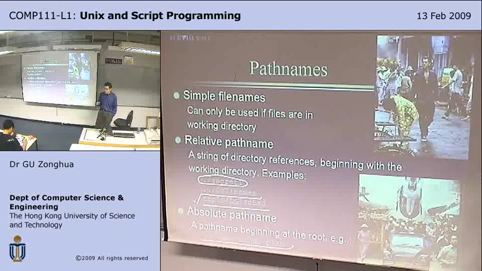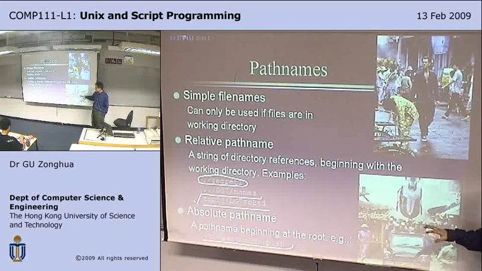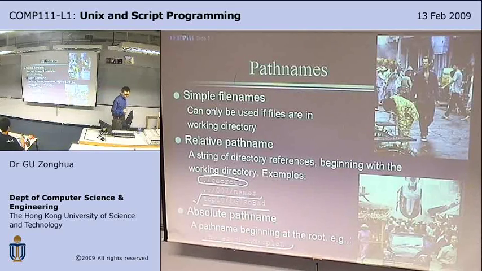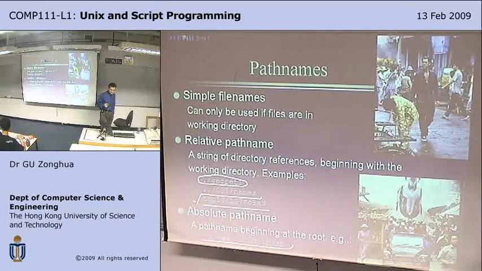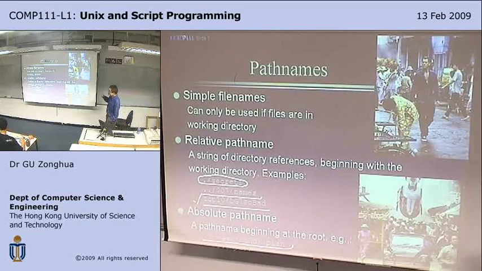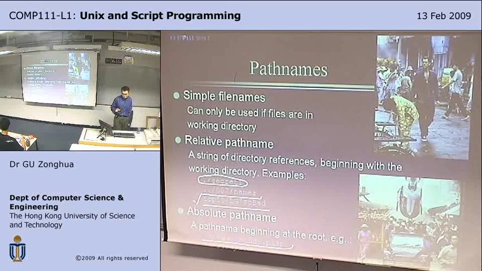It's called absolute because you can type in this path name anywhere you are, regardless of your current working directory, and it will refer to the correct file. But relative path names are only correct relative to where you are now. If you cd to another directory, these path names are no longer valid, but absolute path names are always valid.